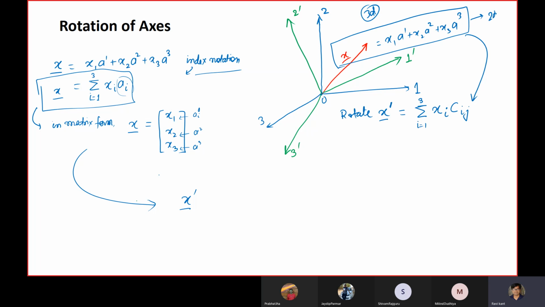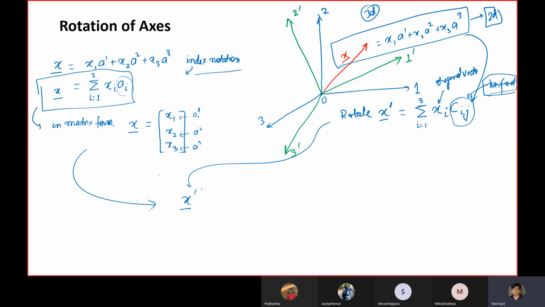I'll take up a 2D case, and I'll show how these rotated vectors are written in terms of previously denoted vectors and some transformation. So this is your original vector, and this c subscript is your transformation coefficient Cij.